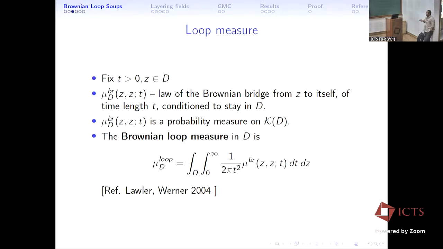The Brownian loop measure is actually a measure on the space of unrooted loops, and it is defined as the integral of 1/(2 pi t^2) times mu_D^{br,z,z,t}. There should be a dt here where I'm pointing the pointer, but I've forgotten to add that, so sorry about that. So this is just the loop measure.